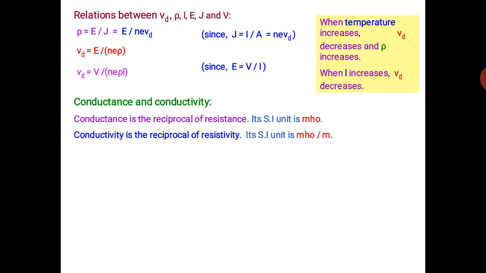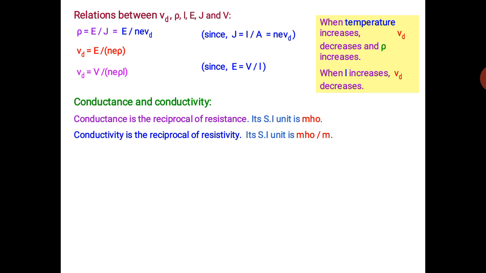Next, conductance and conductivity. Conductance is the reciprocal of resistance, and its SI unit is mho or per ohm. Conductivity is the reciprocal of resistivity.